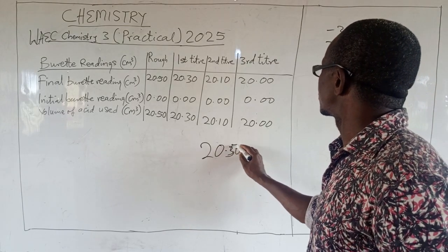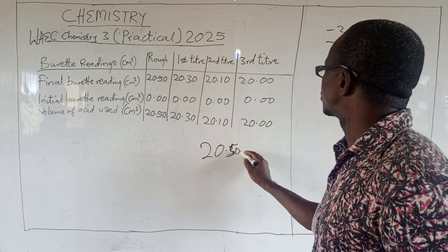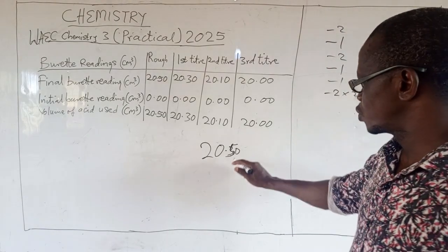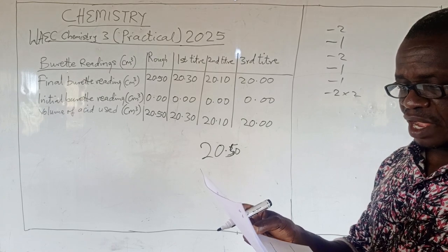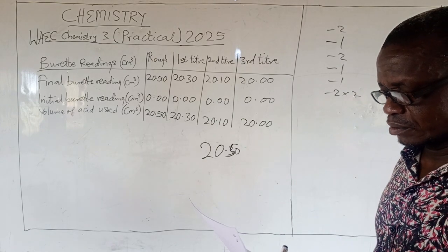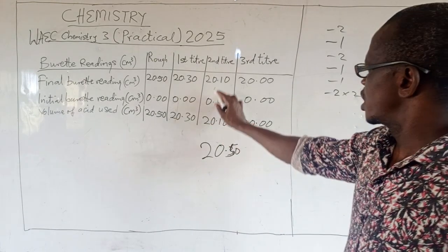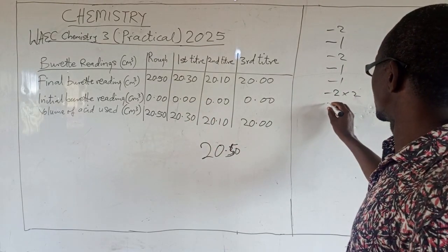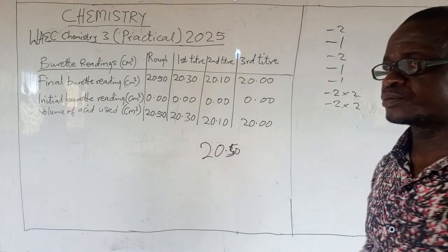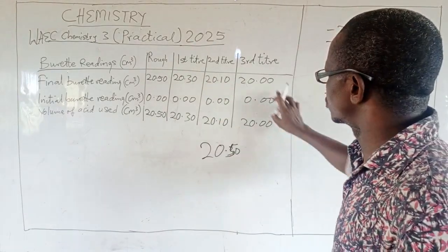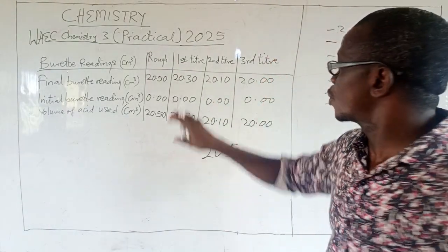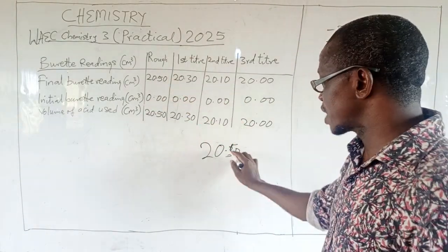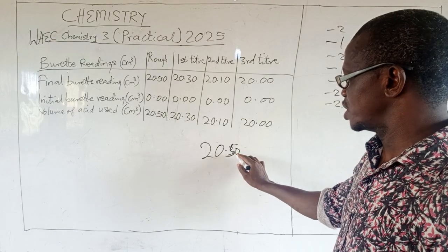You now come and start overwriting, this is alteration. Something like this is alteration. You lose how many marks there? You will lose 2 marks. Minus 2. If it is in this place, minus 2. Another one here, minus 2. So you have minus 2 times what? 2. So there should be no alteration. Note well before you put the value down, so that you do not write it a second time. This is alteration. You have seen it.